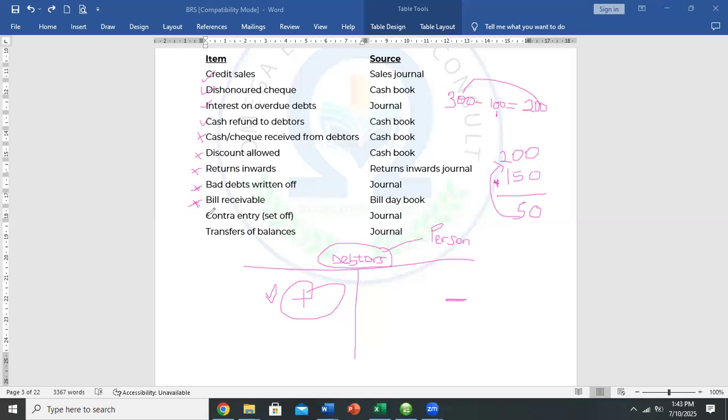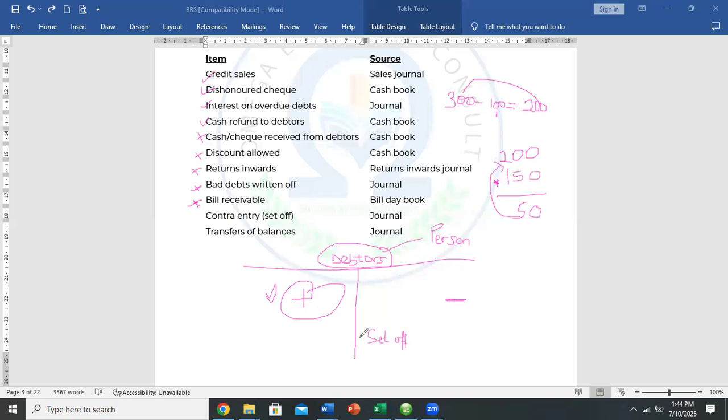Then the contra entry. Let me explain the contra entry. Debtors have a debit balance. So if you want to use their balance to set off or cancel anything, definitely that set off should be at where? The credit side. So set offs are always at the credit side of the debtors control account, simply because debtors have a debit balance.